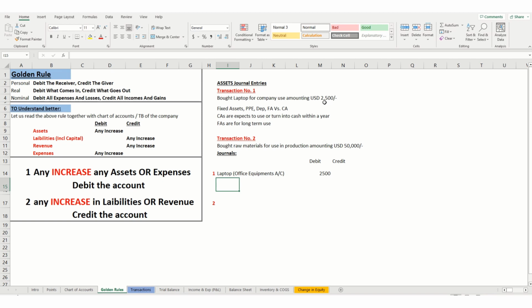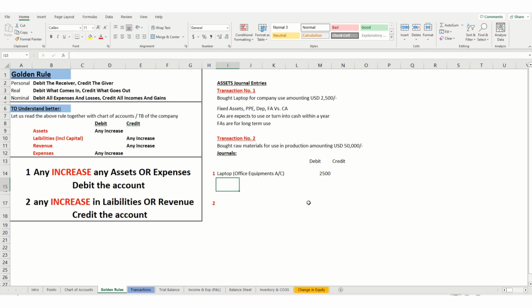Cash is a current asset that we are going to use within this year. So the cash is going to decrease because we are paying 2500 for this laptop. So decrease in asset. Increase in asset is debit, so then automatically a decrease in assets will be credited.